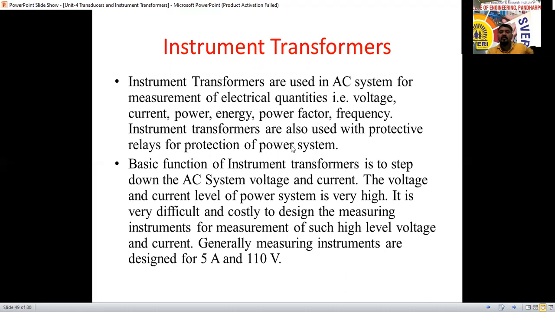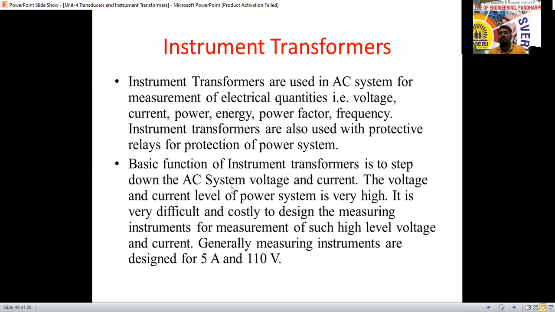Instrument transformers are also used with protective relays for protection of the power system. Directly we will not use these instrument transformers; with some relays we are going to use them for the protection purpose of the power system. So the basic function of instrument transformers is to step down the AC system voltage and current. Whatever high voltage is there, we have to step down, and the current we have to reduce.